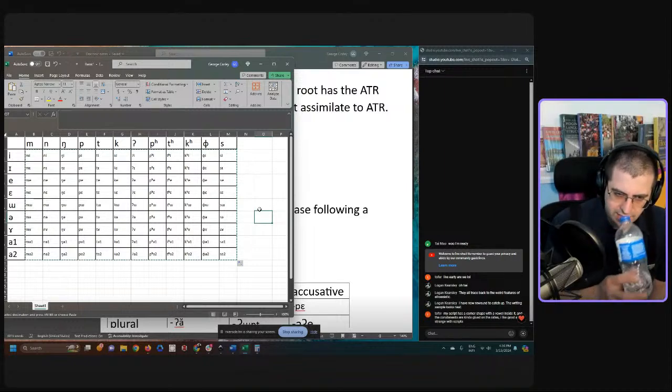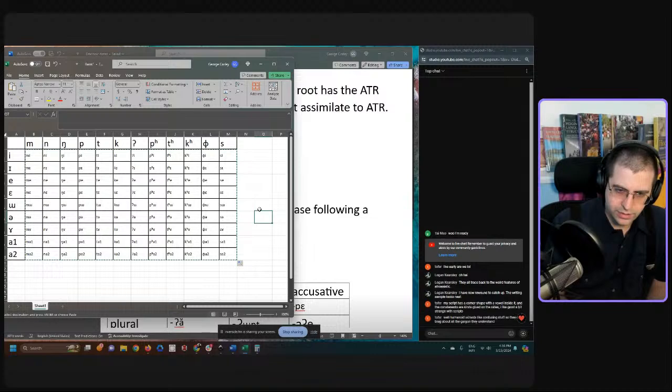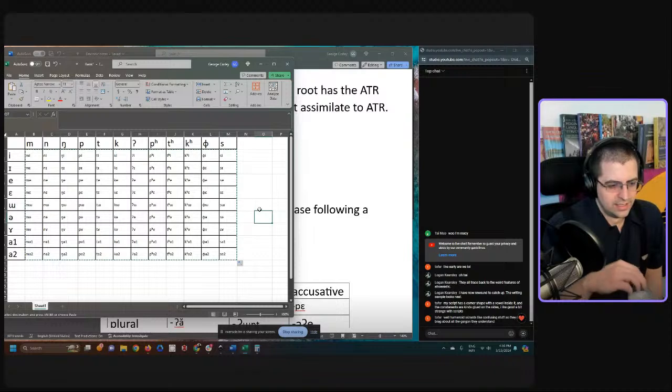It's just that their functional load is going to be decreased because everything's going to agree on this one feature.